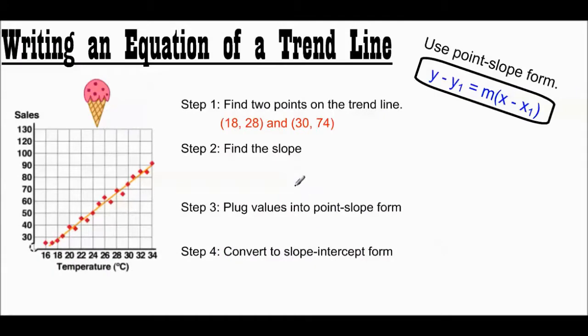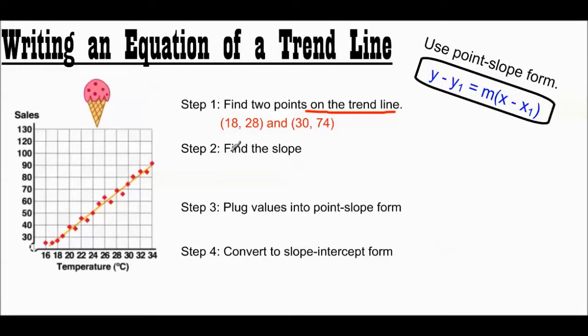So next, let's write an equation of a trend line. If you have that trend line there, and I took the one from the ice cream sales, find 2 points that are actually on the trend line. That's going to make it much more accurate. So (18, 28), which is right here, is actually on the line, and so is (30, 74) right there. It's actually on the line.